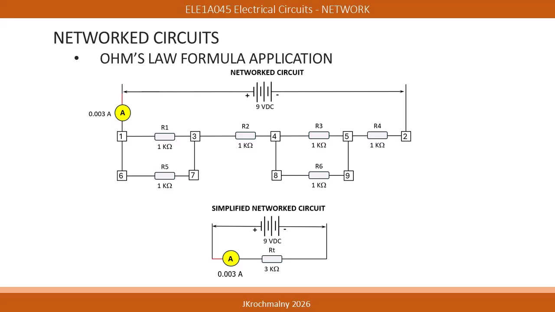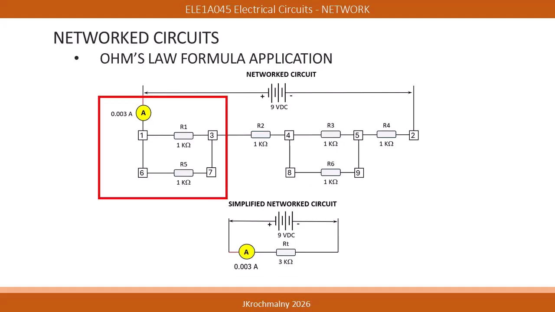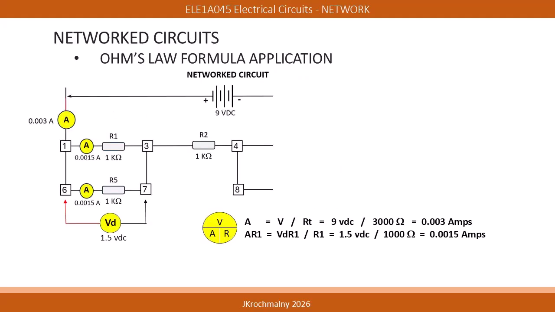Our final steps involve the amperage through the network circuits. We have already calculated our circuit to have 0.003 amps passing through it. Starting with the first parallel circuit on the left, we identify 0.003 amps entering into it. We calculated and perhaps measured the 1.5 volts DC dropped across this parallel circuit.